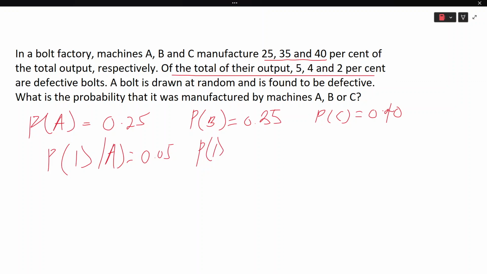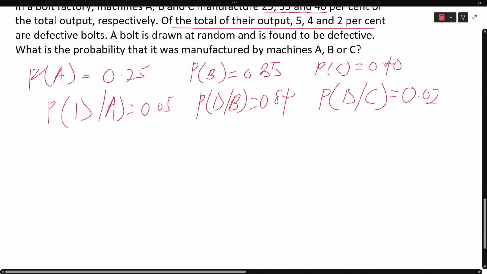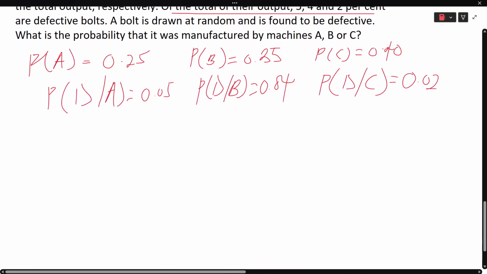From machine B, 4%, which is 0.04, and from machine C, 0.02. These ones are the conditional probabilities. Now let's put them in a table form.